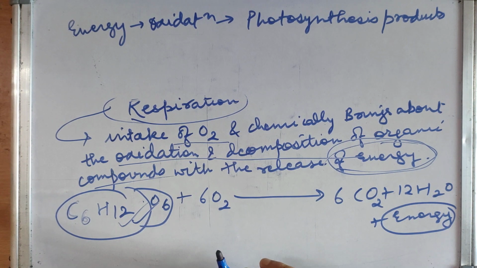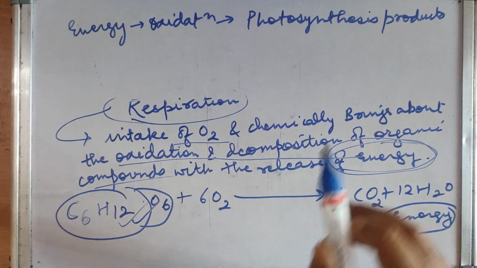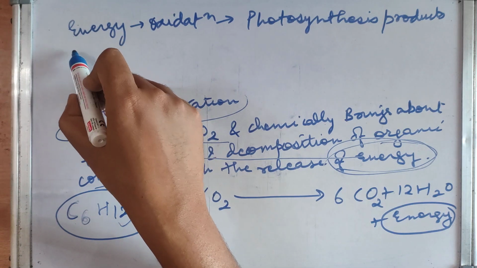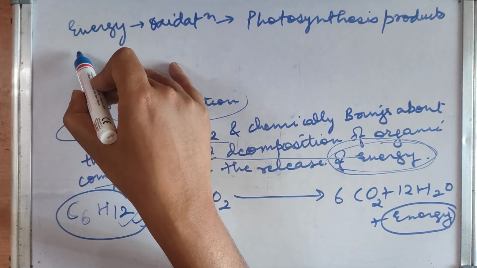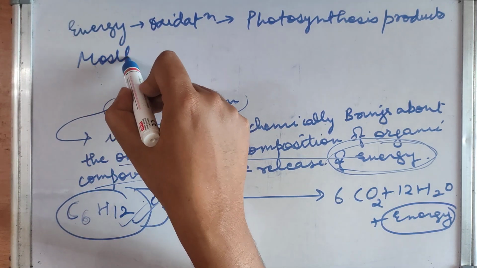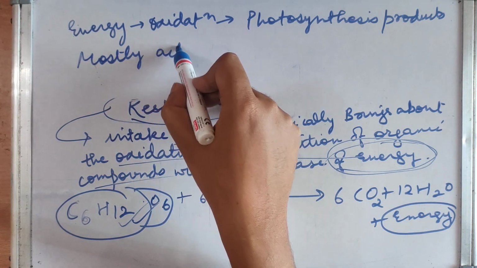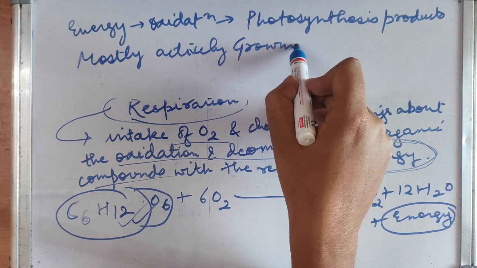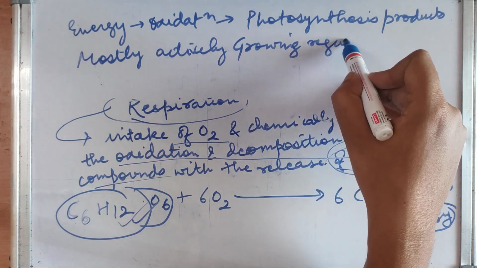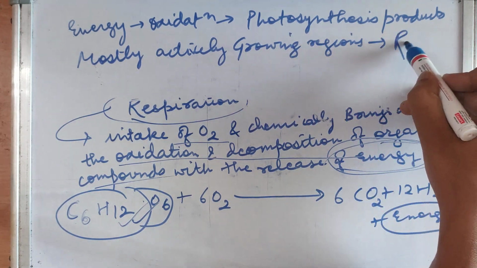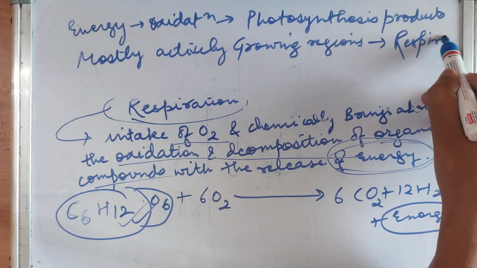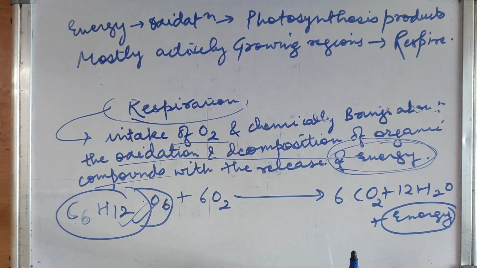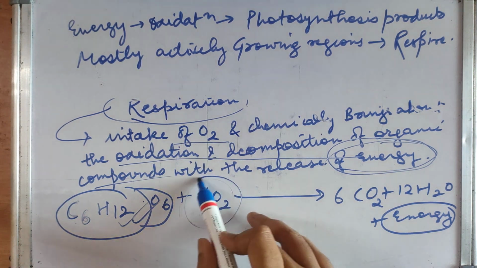So all living cells of plants, mostly actively growing regions, respire. Normally it involves absorption of O2, as you can see that O2 is absorbed here.